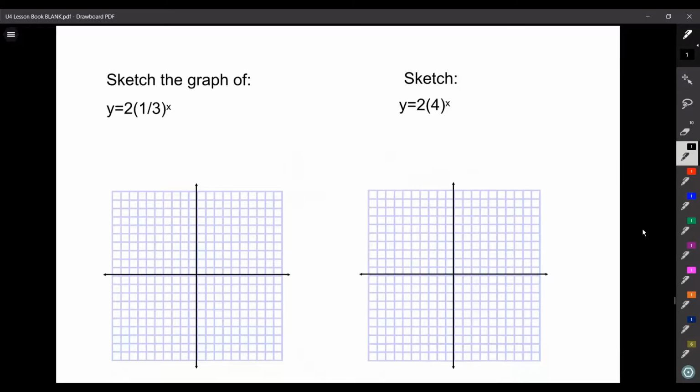If we're creating a really basic sketch, all exponential functions, if they don't have any plus or minus on the end, like let's say this was +7, that's a vertical translation up 7. But if they don't have anything like that, they're all going to have a horizontal asymptote at y equals 0. Even this one as well, we can put that in already.